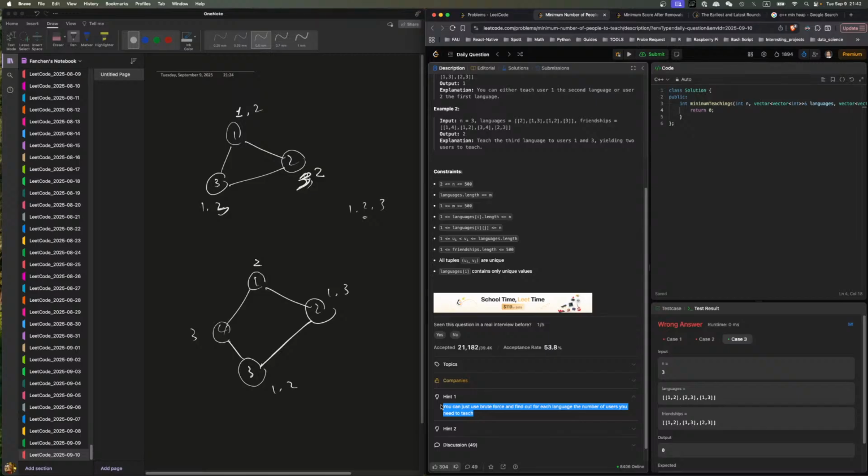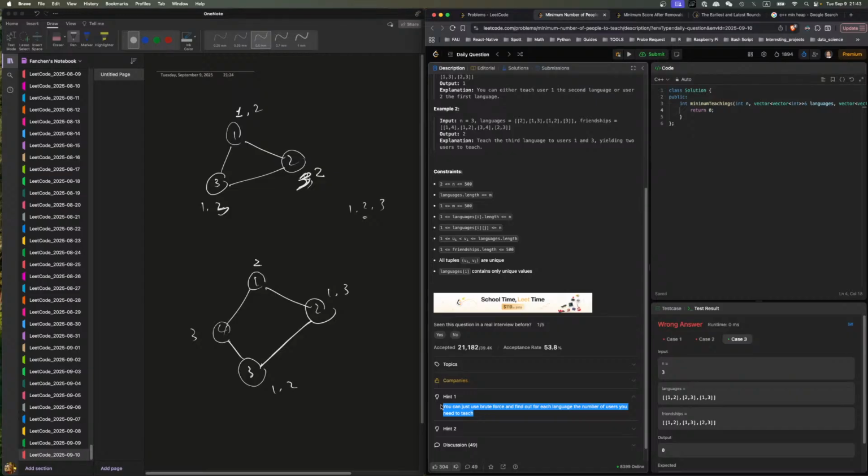So maybe we can say, before I teach, I find a node that doesn't contain this language, and then I look into its neighbors. If it has a neighbor that contains this language, no, it doesn't. So what we want to know is if this node can survive without teaching this language.